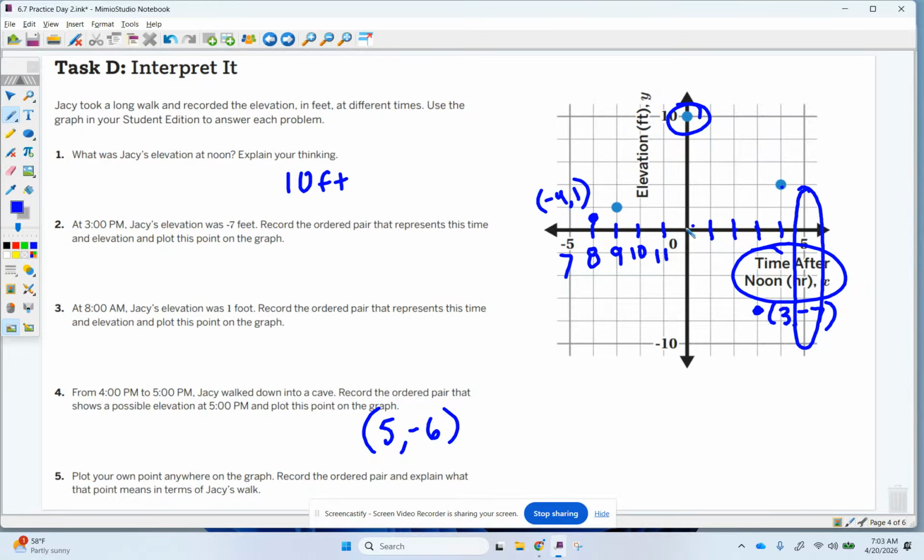I normally would have picked the origin, but at noon he was at 10. So that didn't work. So then I just went over to the next solid point, which was right there at 1 o'clock. He would be at 0 feet. And because I put that point there, that works out fine. And so that's really all there is to this.